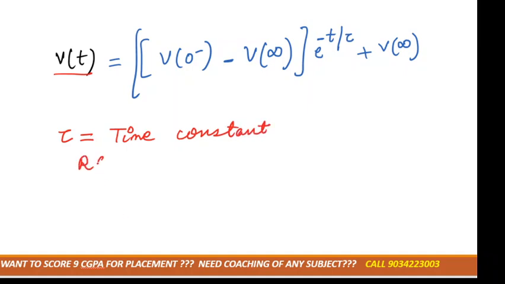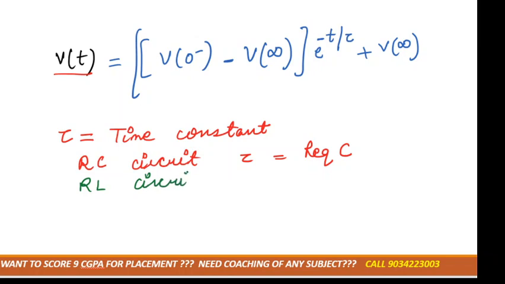What is tau here? Tau here is the time constant. If there is an RC circuit, then the tau formula is R equivalent multiplied by C, and if there is an RL circuit, then tell me the formula for the tau. Yeah, L by R equivalent.